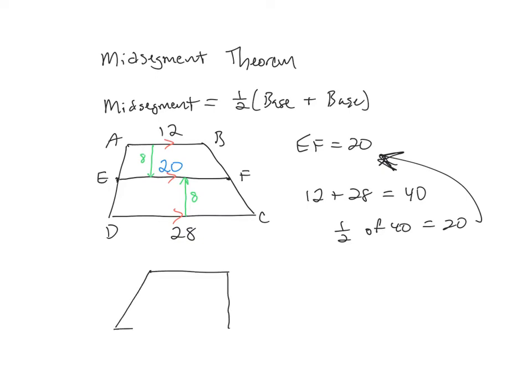Let's say it tells you they're all parallel. And so what if this one was 12 and that one was 15 and it wanted to know that one? Well, from 12 to 15 is a difference of 3.